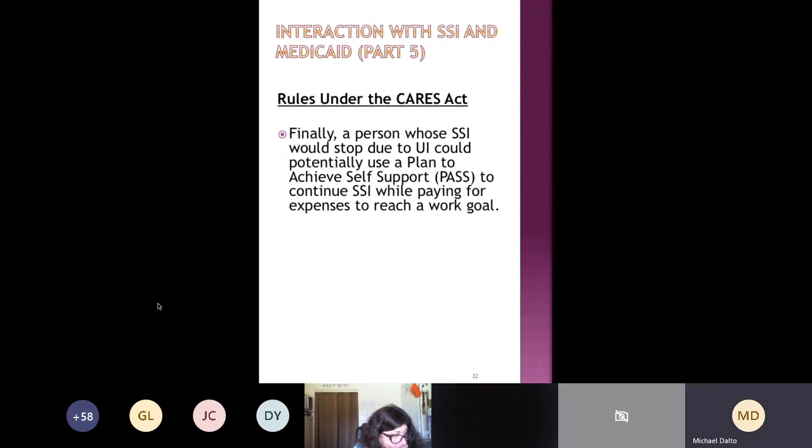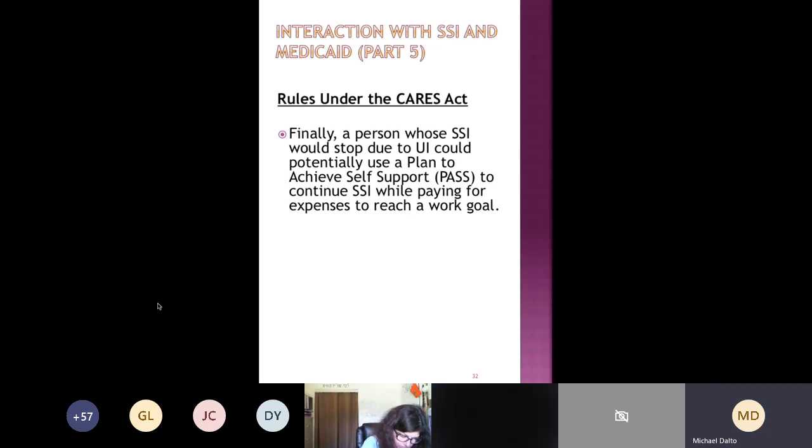And then finally, if a person is getting SSI and their UI or their unemployment assistance benefit would ordinarily stop their SSI payment, they could potentially use a work incentive in the SSI program known as the Plan to Achieve Self-Support, or PASS for short. PASS is a work incentive that enables a person to pursue a work goal by helping them pay for expenses to reach that goal.